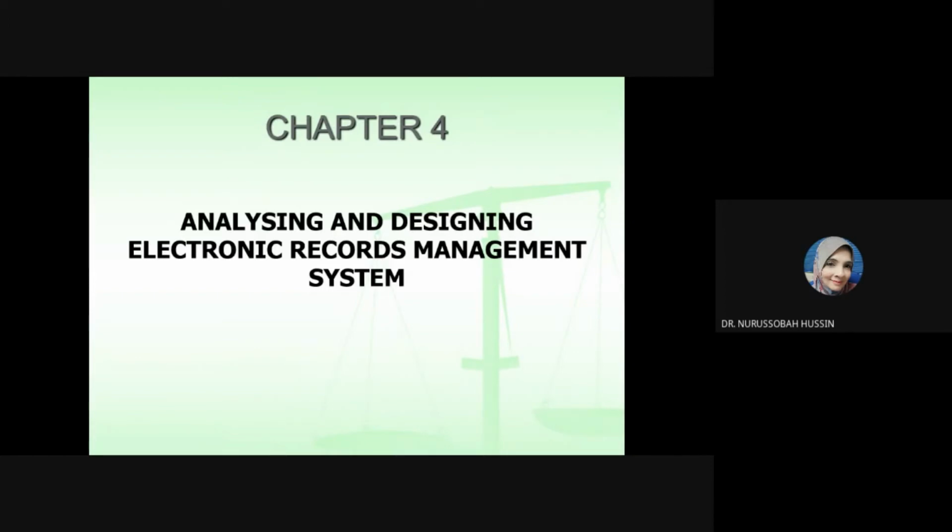We must have the time duration, how long to retain each record. The system should be able to preserve the information as long as needed, and must be authoritative. And how are we going to ensure that the system captures the content, context, and structure?